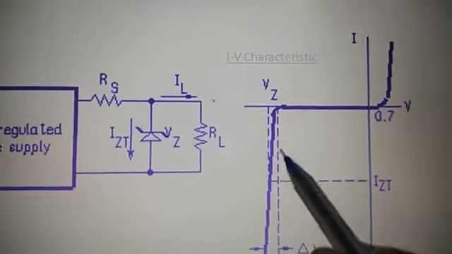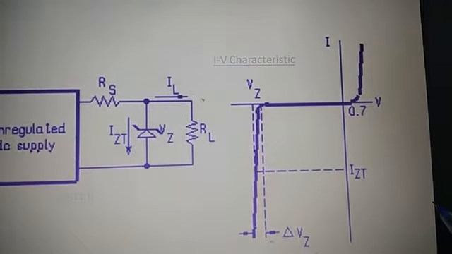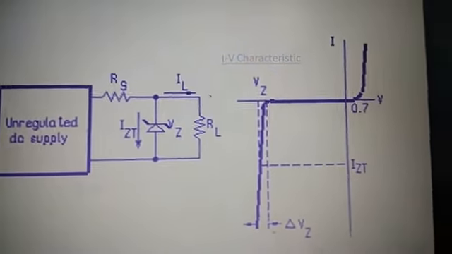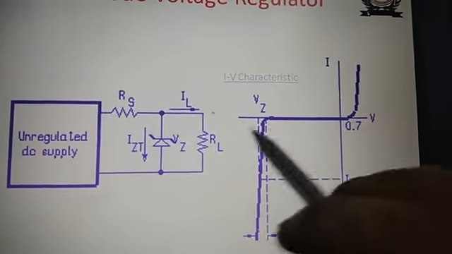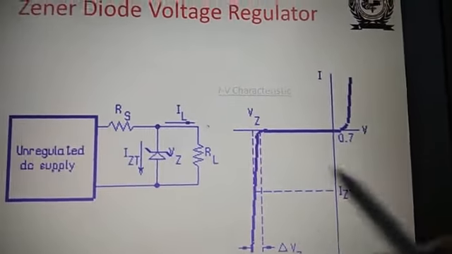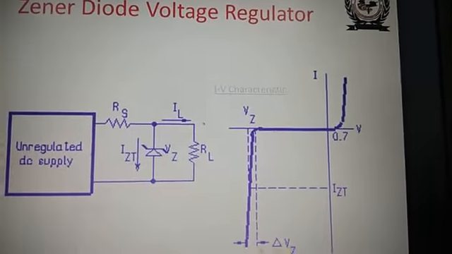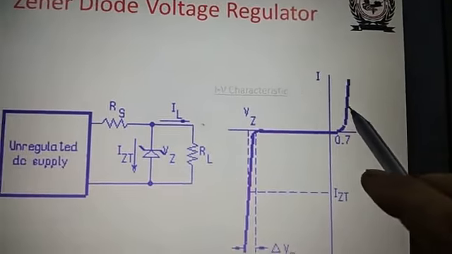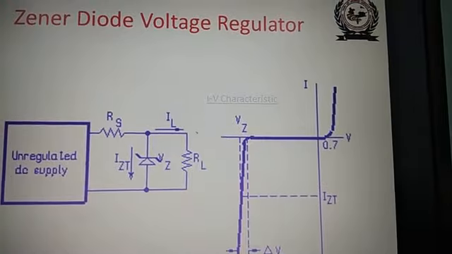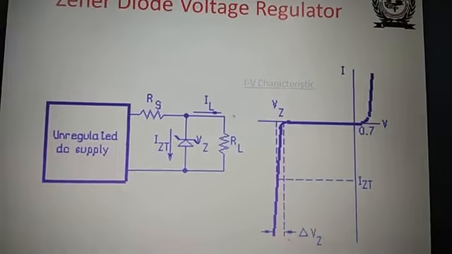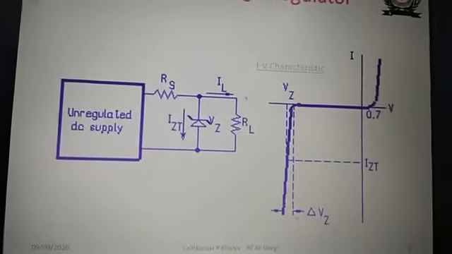After this Zener voltage, the current suddenly increases. This is called the Zener breakdown, and this reverse bias part is important in the Zener diode. In forward bias, it works as an ordinary diode. If it is a silicon diode, the knee voltage is 0.7 volt and it conducts current. But the effect of the Zener diode is in reverse bias.